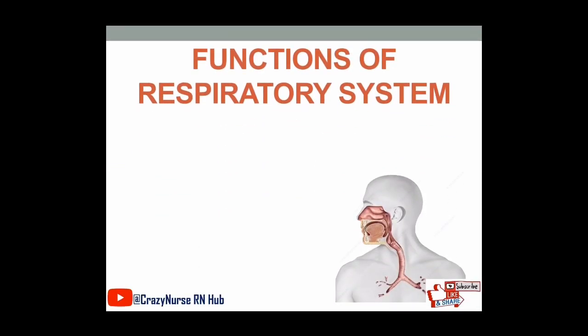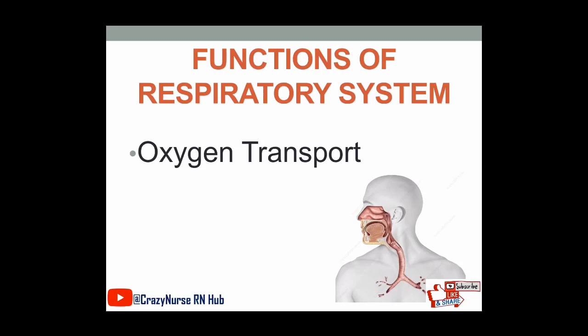Now we have the functions of the respiratory system. First, we have oxygen transport. Oxygen is supplied to and carbon dioxide is removed from cells by way of circulating blood through the thin walls of the capillaries. The respiratory system also functions as a respirator, or for respiration.